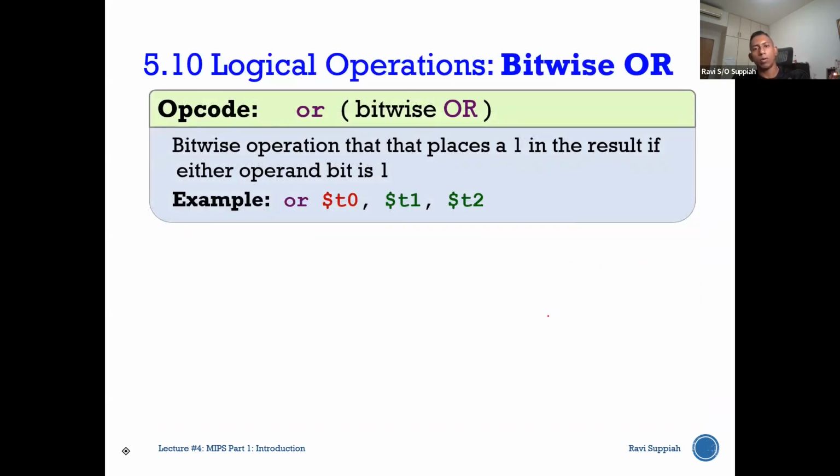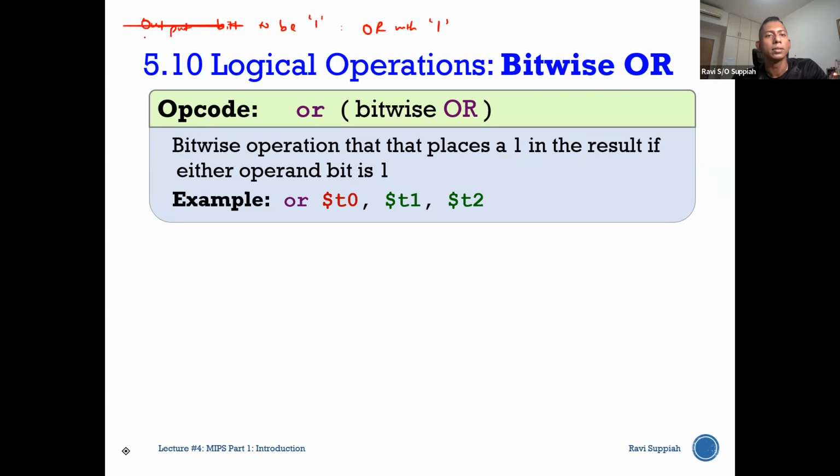Now, the OR operation is basically to place a 1 in the result. For example, if I want the output bit to be 1, then I OR with 1.